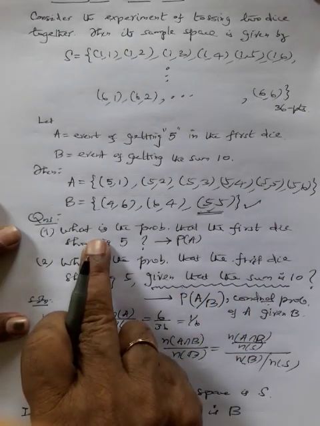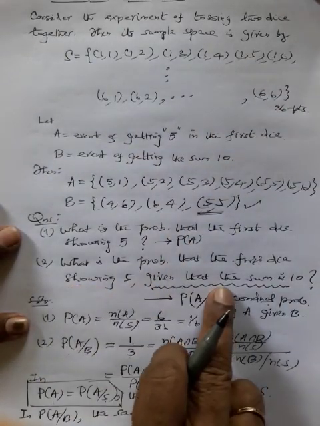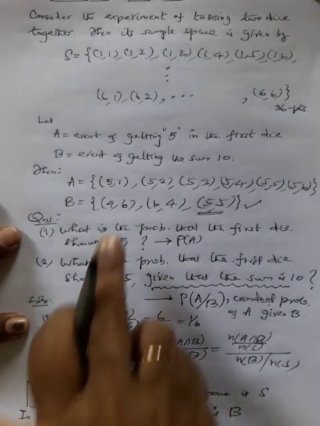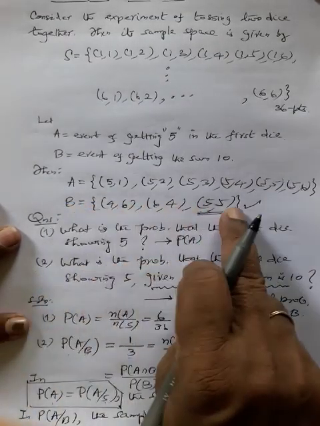The first question is with respect to probability whose sample space is the whole thing. In the second one, the sample space is different. That is, given that the sum is 10 means the sample space is only B.